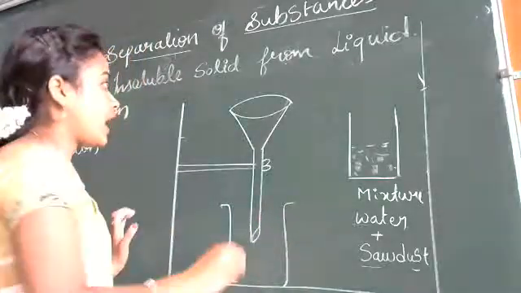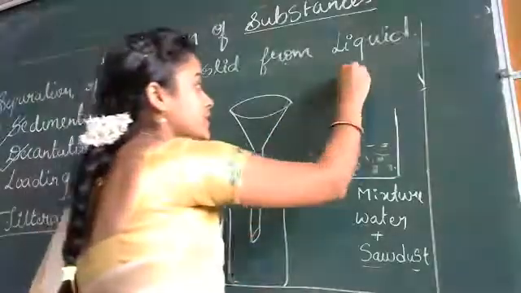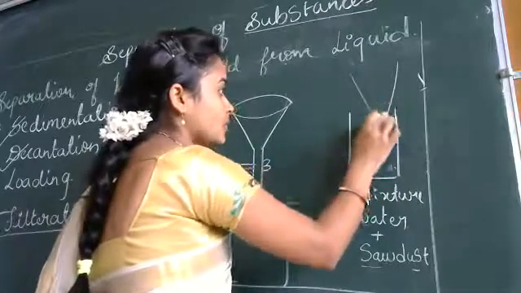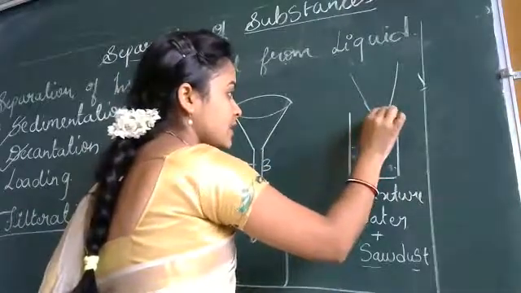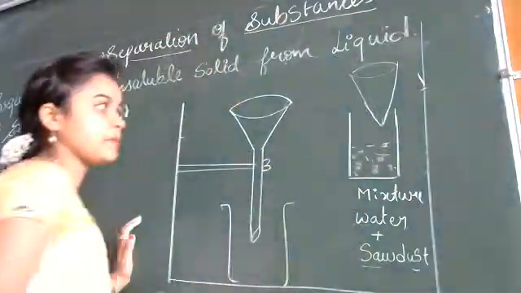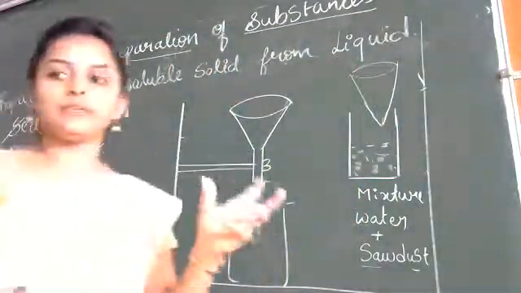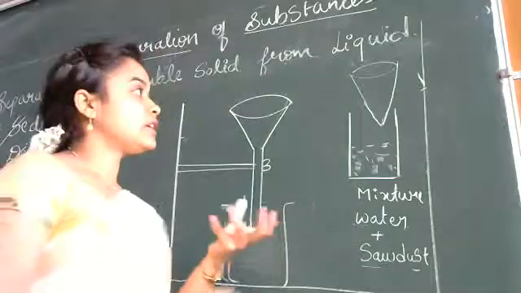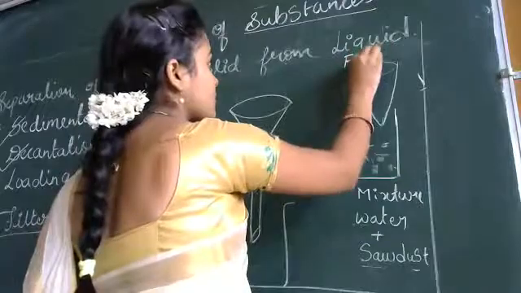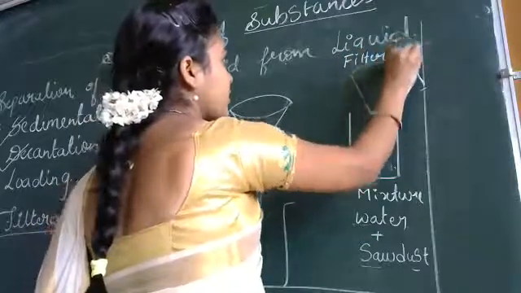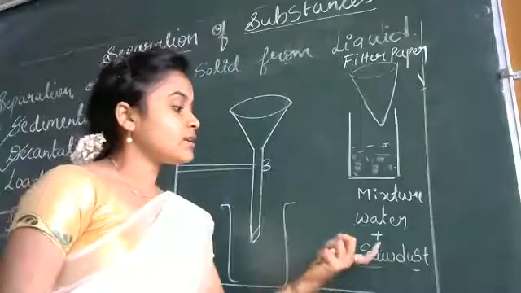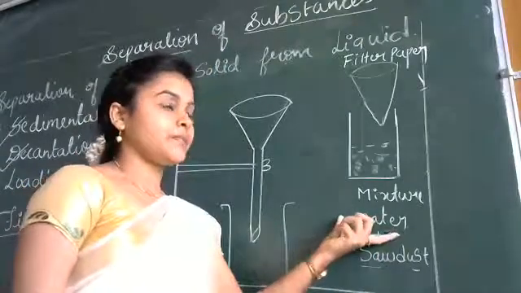For this purpose, I will use filter paper which I made in the form of a cone. Filter paper is used for separating solid from liquid.